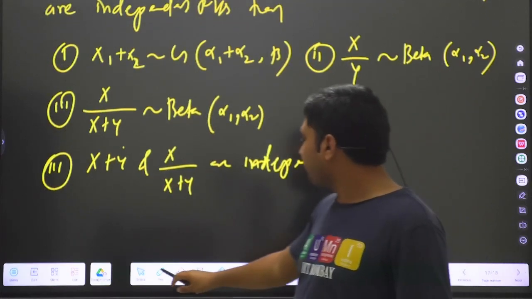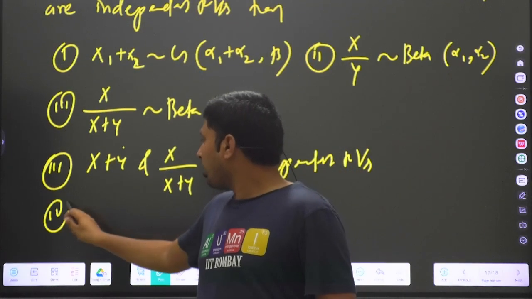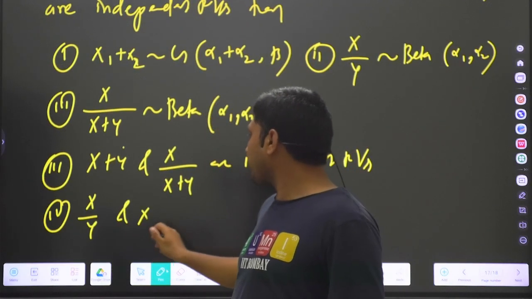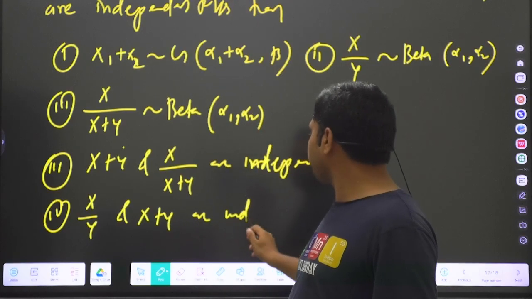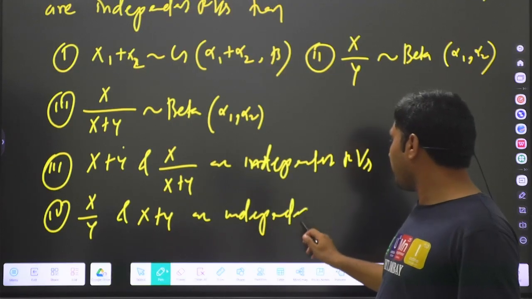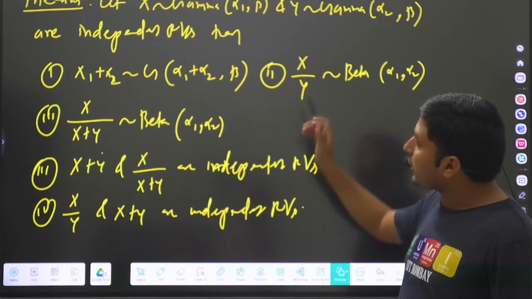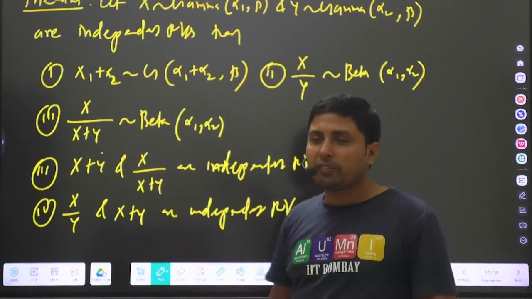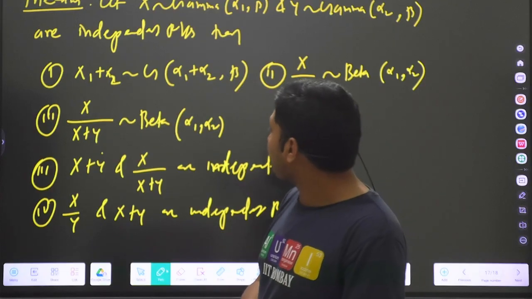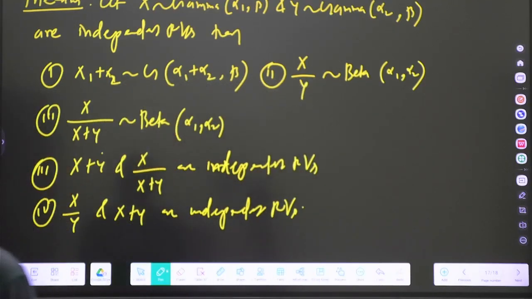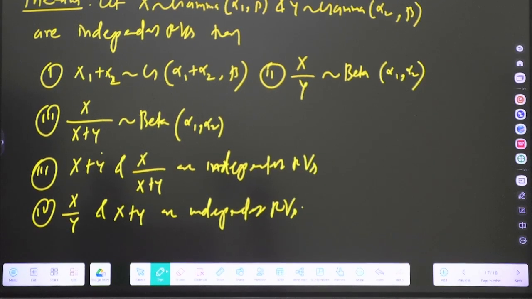And further, X upon Y and X plus Y are independent random variables. So tell me, in the second part, which beta will be used, beta first kind or second kind? Or in the third part? Which part will use which kind of beta?